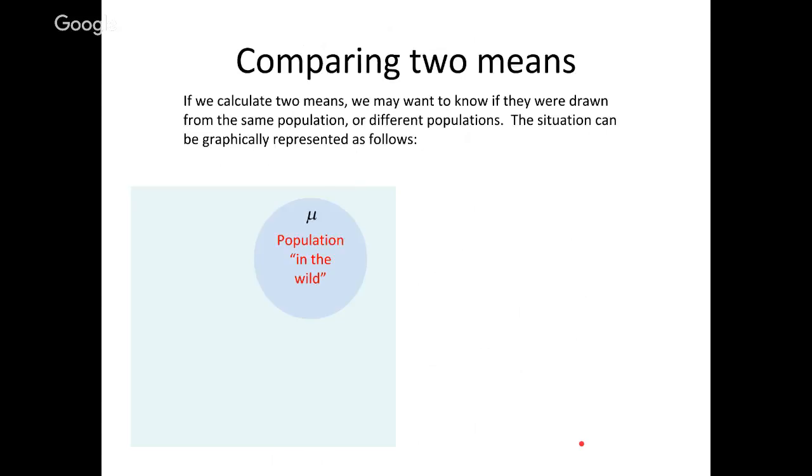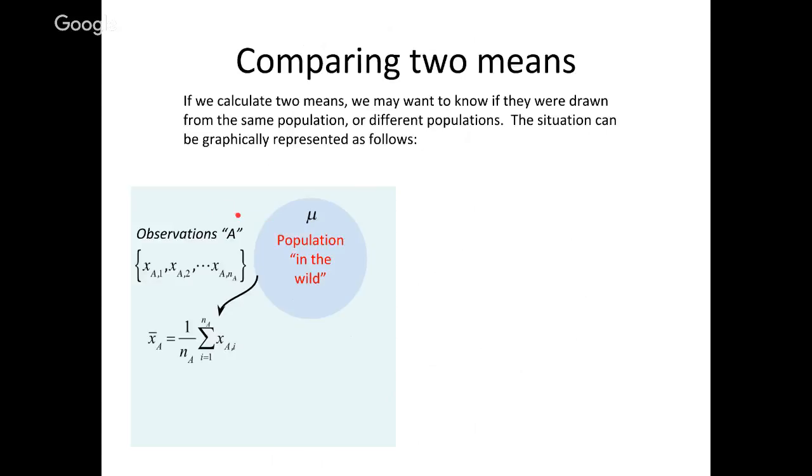Let me walk you through a graphical interpretation of what I'm talking about. Imagine a situation where there's really one population in the wild that you were sampling from, and you didn't necessarily know that there was only one population. It was characterized by a unique population mean, mu.